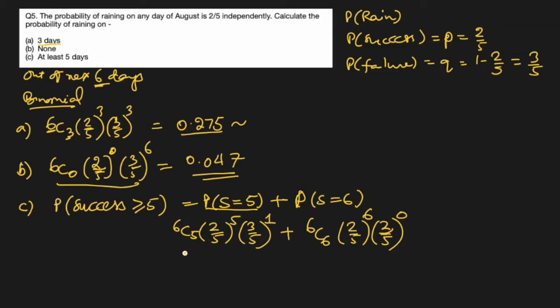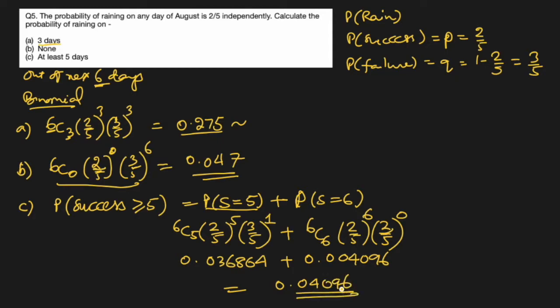So when we use our calculator, it gets 0.036864 and 0.004096. And when we add them, we get 0.04096. That is the probability that it will rain on at least 5 days.